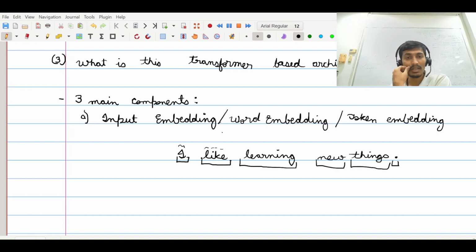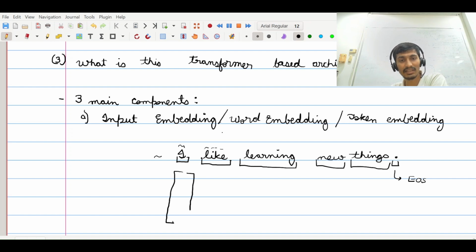But we need to make sense out of it, we need to do computations out of it. So corresponding to each word, or a particular character, like here this is the end of sentence, and here it's the start of the sentence. Depending upon the choice people have made, they would associate with each word or character a vector. Why a vector?